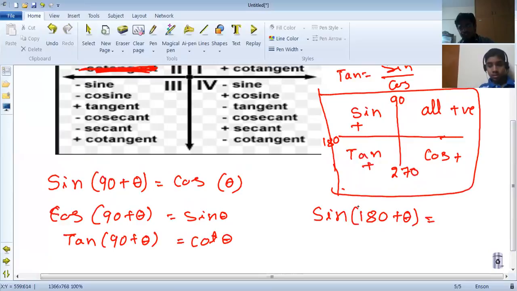Whenever it is a 180 degree angle, the trigonometric function remains the same. But sine of 180 plus theta: 180 plus theta is in which quadrant? 180 plus some value will be in which quadrant?